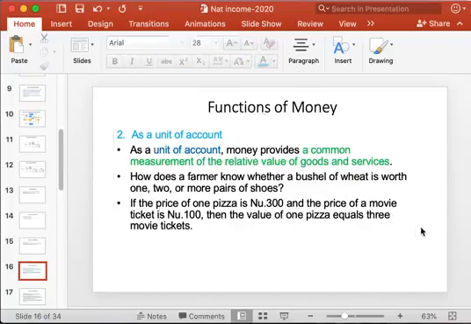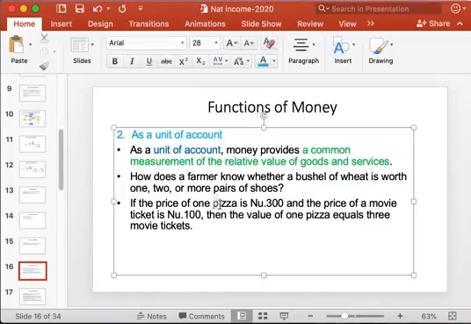So in this way we can compare the relative value of one good over another. You can see the relative value of pizza is greater than the relative value of a movie ticket.